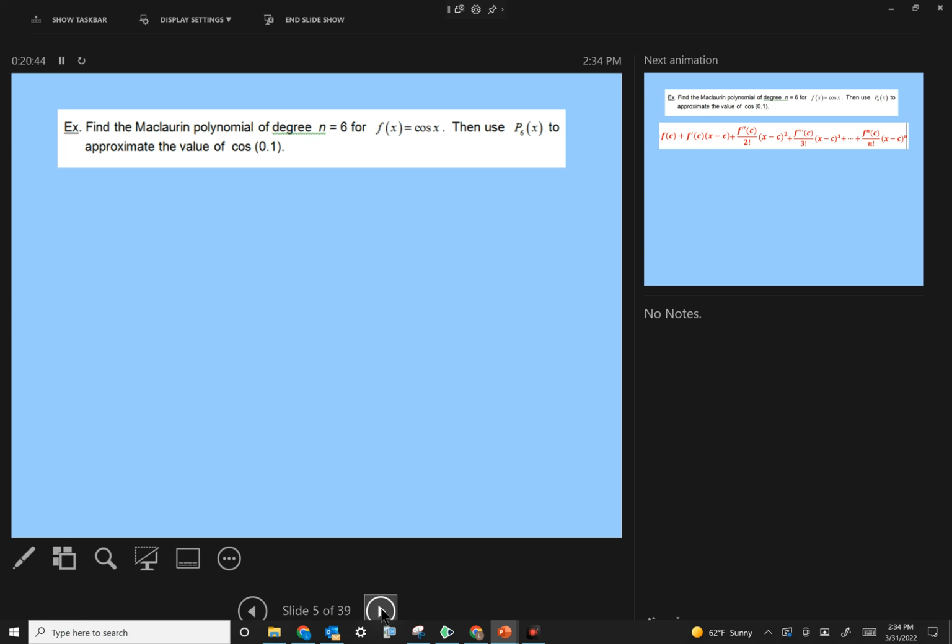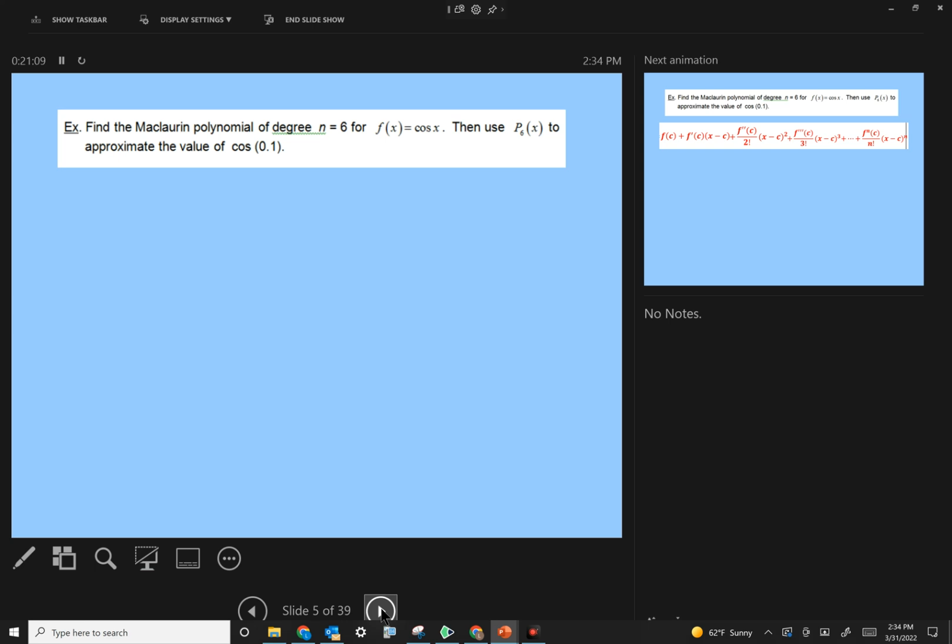Positive sine, and my fourth derivative, what? Cosine. Hey, aren't I back to where I started? So the fifth derivative is negative sine, and the sixth derivative is negative cosine.